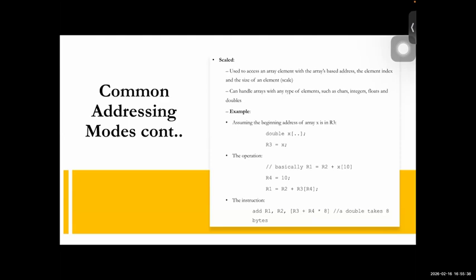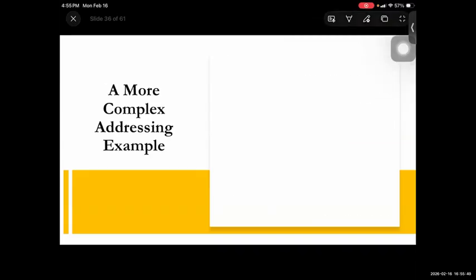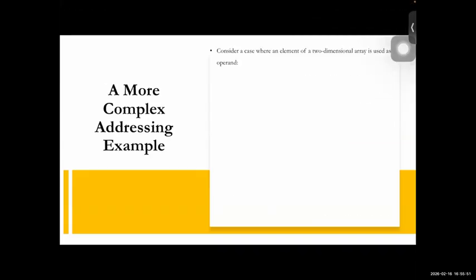So overall, consider a case where, instead of a single dimension, the elements are of a two-dimensional array, and the array is of double data type. So what does it mean, X of 10, the 10th row and 10th column?